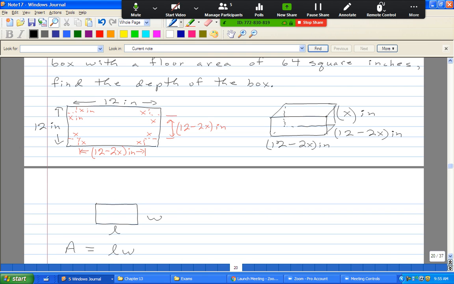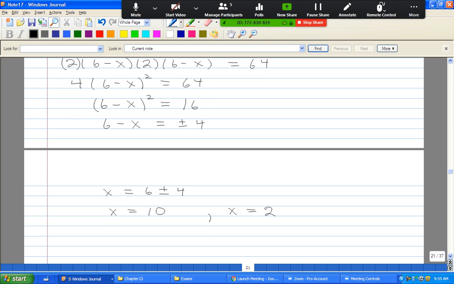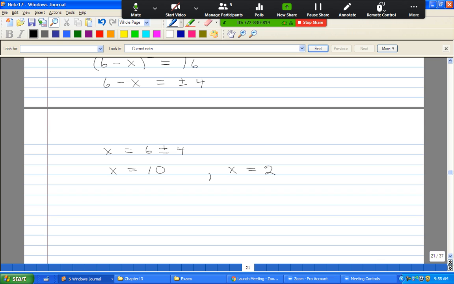But if x is equal to 10, then you get 12 minus 20, which is negative 8. So that's impossible. So in this case, the 10 doesn't make any sense. If I plug in 2, well, that looks much better.